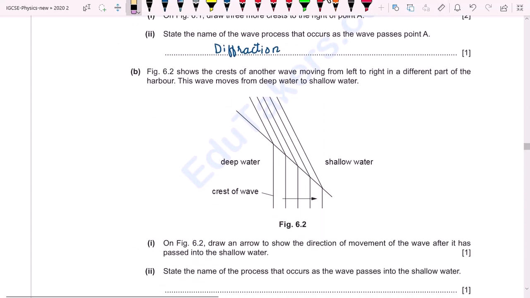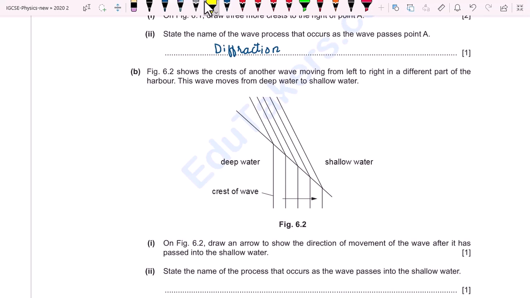Part B. There is another figure, figure 6.2, and figure 6.2 shows the crests of another wave moving from left to right in a different part of the harbor. This wave moves from deep water to shallow water. Part first.